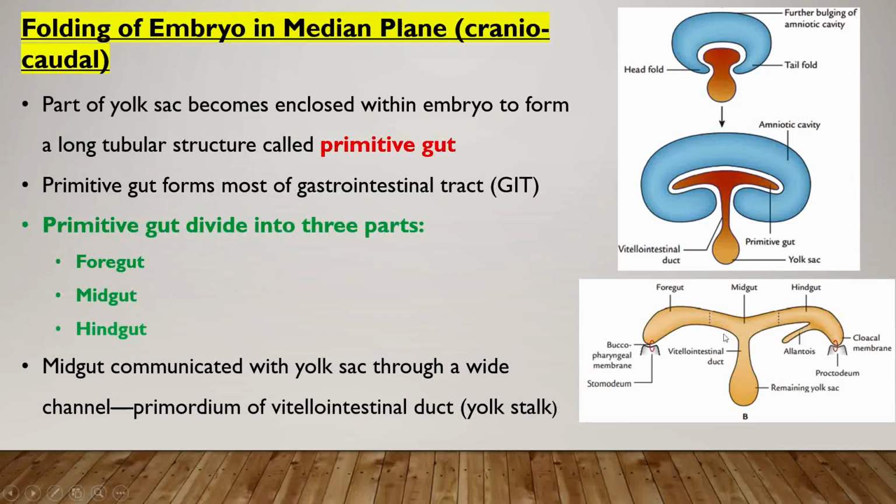Okay, so the foregut is separated from the stomodeum, where the future mouth will be formed, by a membrane known as the buccopharyngeal membrane. The hindgut will be separated from the proctodeum, the future anus, by the cloacal membrane.